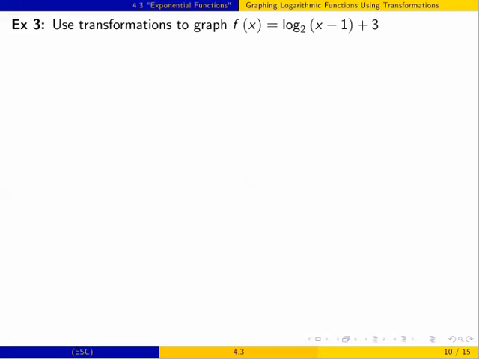Okay, so in this example number 3 from the class notes, we're going to be graphing this function f by using transformations. So if you ignore the numbers -1 and 1 from this function, the idea is we want to start with the original function y equals log base 2 of x, and we're going to get this function by using, in this case, the number next to x, which is the horizontal shifting.